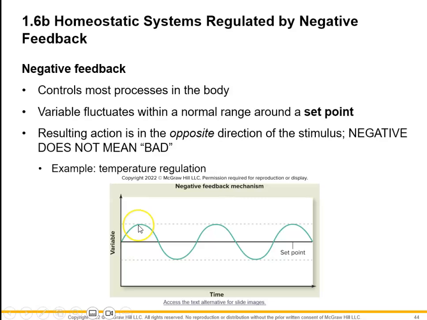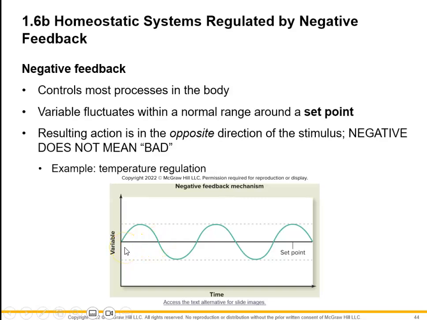Well, if that temperature goes up, we've gone away from our homeostasis, away from the set point, right? We got too hot, temperature went up. So what happens? Receptors detect it, send that information to the control center, pretty much the brain, right? And what happens? We start sweating to get rid of heat. So what happens? The temperature goes back down to normal until we get back to homeostasis.